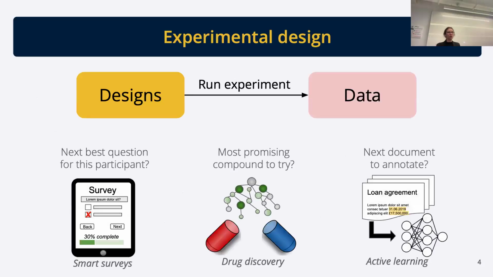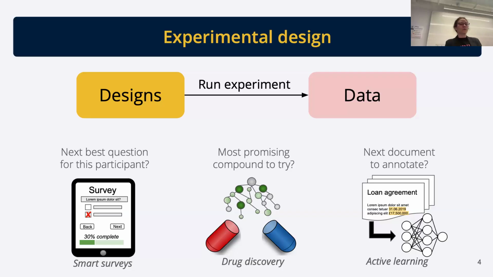All right, so let me just motivate very quickly what experimental design is and why we care about it. In general, many problems can be cast as a form of experimental design question. For example, if you're running an online survey, you may want to ask what the next best question is to ask a participant so that you can tailor your questions to the specific subject that you're interacting with.